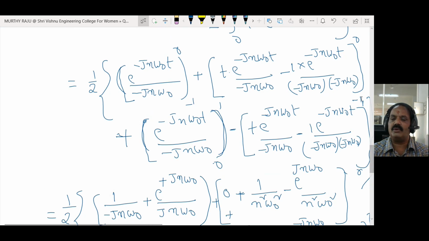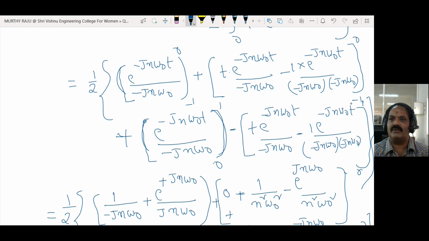Okay, for t is equal to minus 1, this one is minus into minus plus. Minus into that is minus, t is equal to minus 1 means minus e power j n omega naught by n square omega naught, plus one more term is missing here.